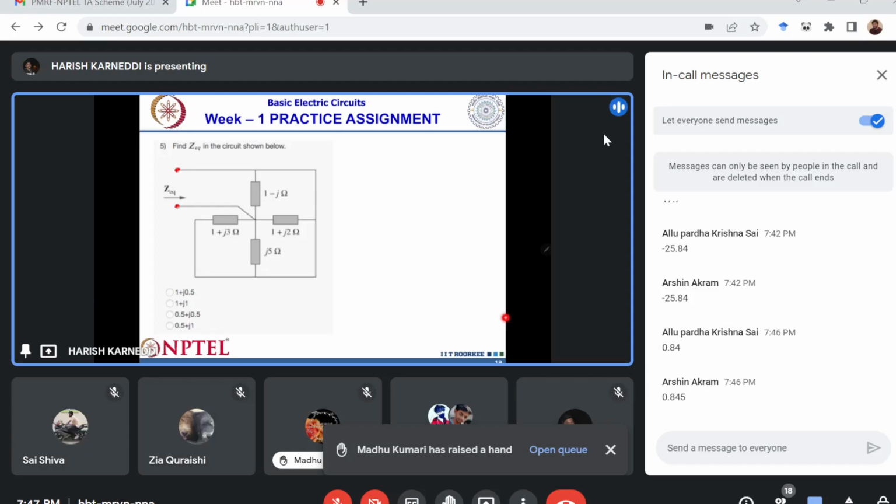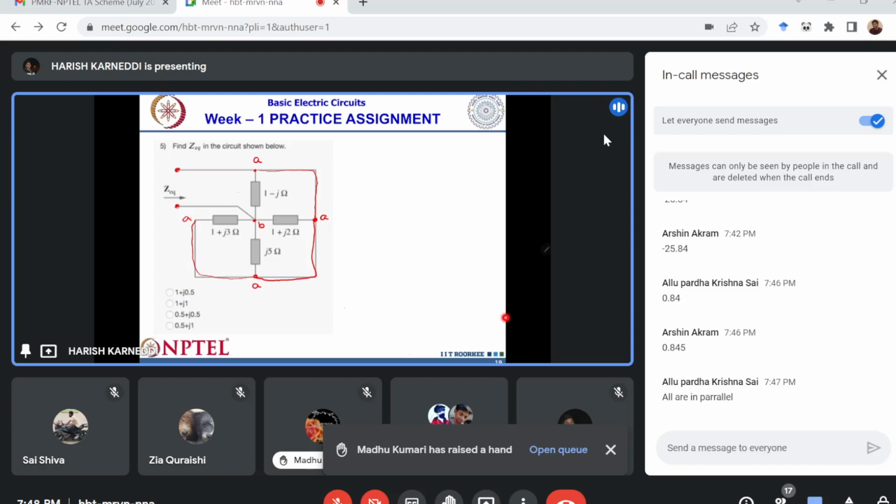In this case, we represent some nodes like A and B. The same wire is connected here, right? So this is also point A. The same wire is connected from here, so this is also A. Same as this wire is also connected, so this is also A.